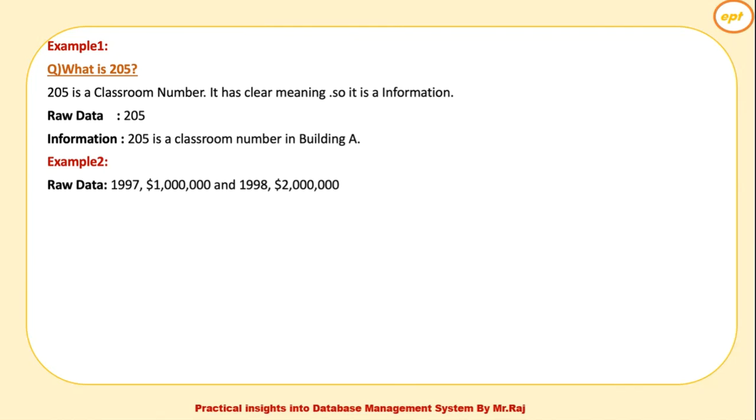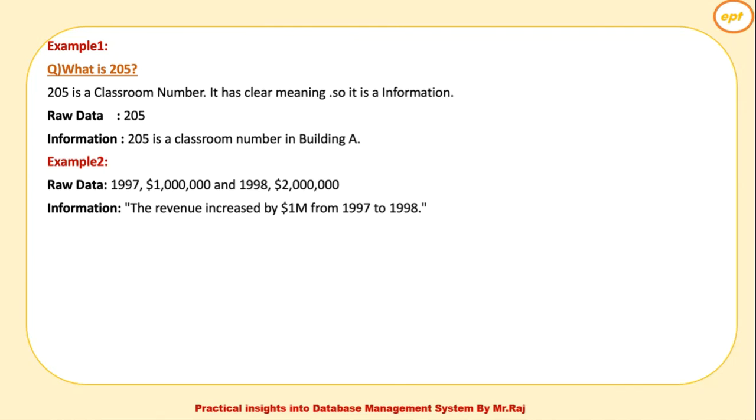The people who know the context about that particular raw data, they only can give the answer to this question. Otherwise I have to give the context to it, then only you will be able to answer, right? Now simply you can say the revenue increased by 1 million from 1997 to 1998. Now it has a clear meaning, right?